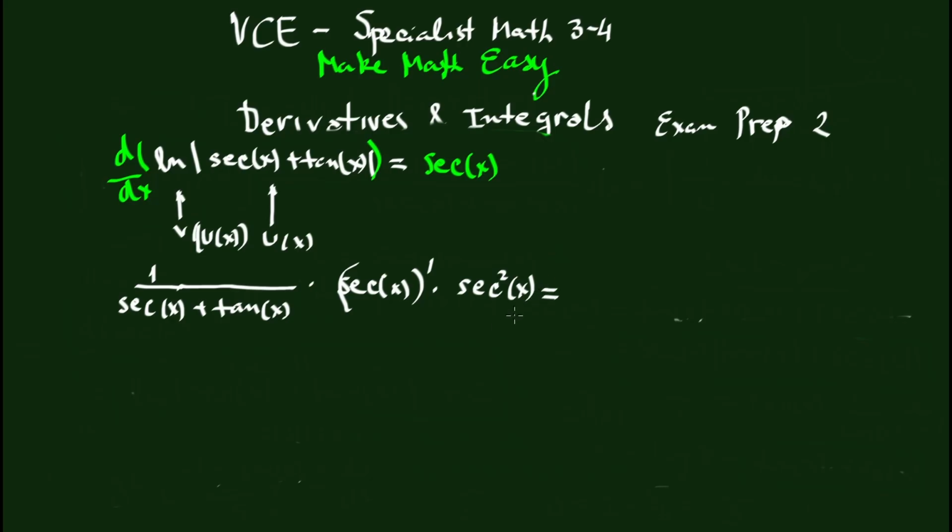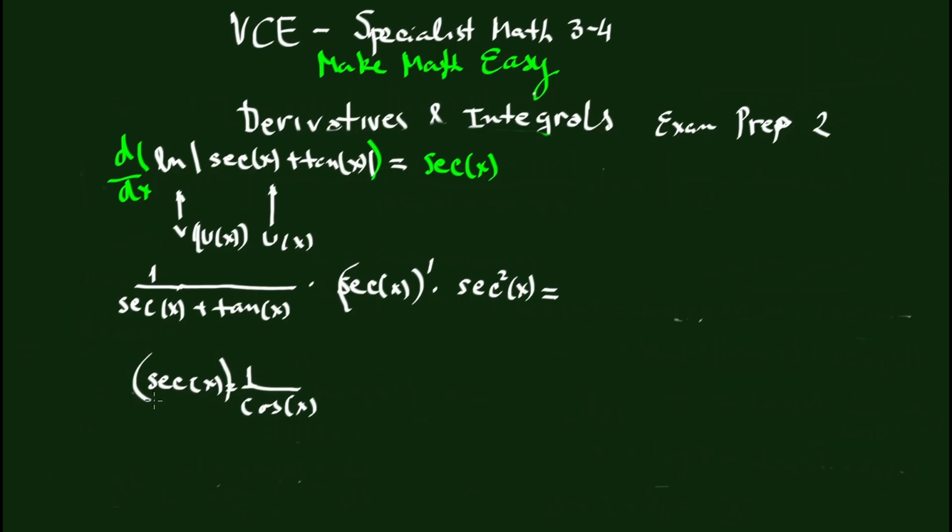Alright, so what's the first derivative of secant? We don't have that in our table, so we can derive it. So what's secant? Secant of x is 1 over cosine of x.